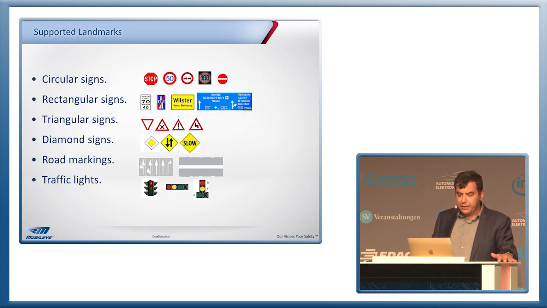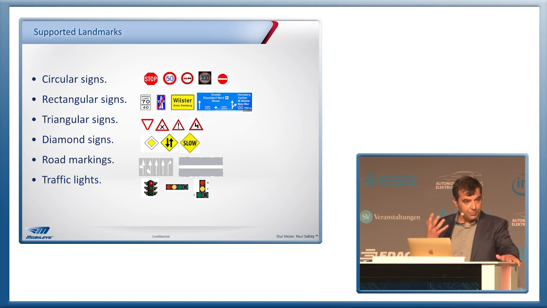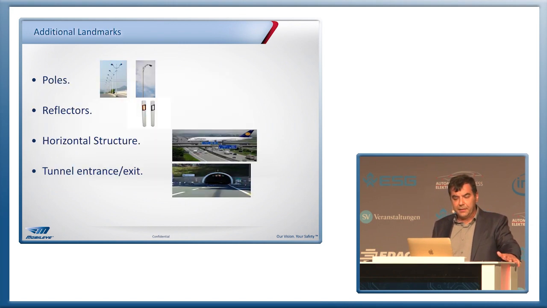In terms of a landmark, we're talking about visual landmarks. In the next slide, I have here a list. We're talking about signs, rectangular signs, triangular signs, all sorts of traffic signs, road markings, traffic lights. Here we're talking about a vocabulary of more than 20,000 different items. And then poles, reflectors, horizontal structures like bridges and tunnels and so forth.